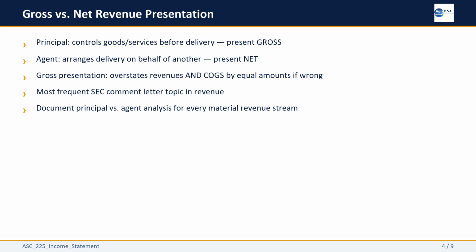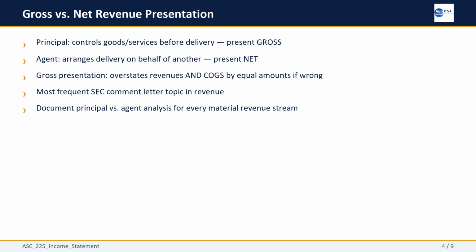This is where things get interesting, and where errors are most visible to regulators. Whether revenue is presented gross or net depends entirely on one question. Is this entity the principal or the agent? A principal controls the goods or services before they are delivered to the customer, takes on the risks, and presents revenue gross.